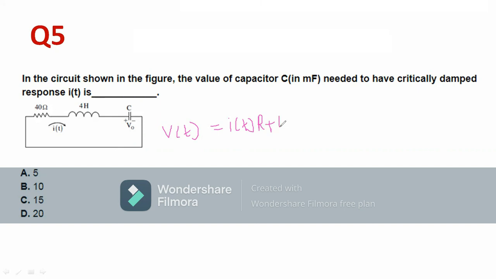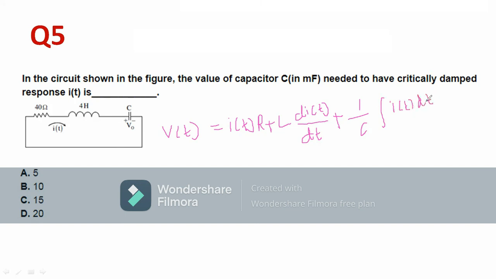That means L into di of t. Voltage across the inductor, V is equal to L di by dt. Correct, no? Plus, regarding the capacitor, 1 by C integral of I of t dt.